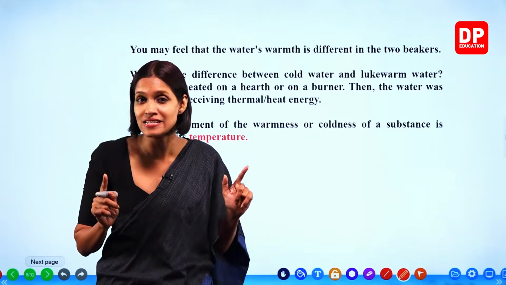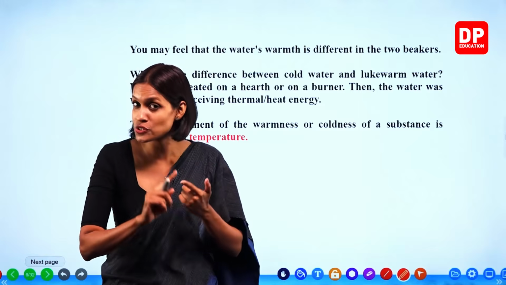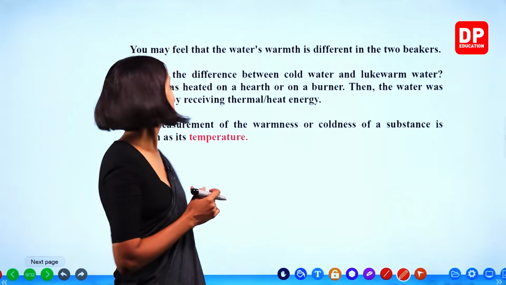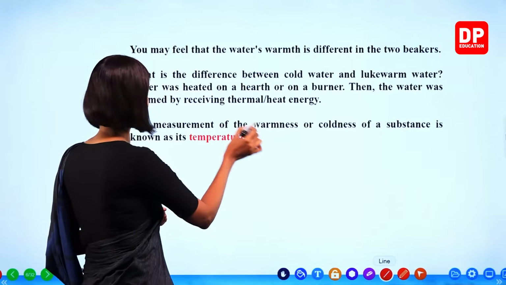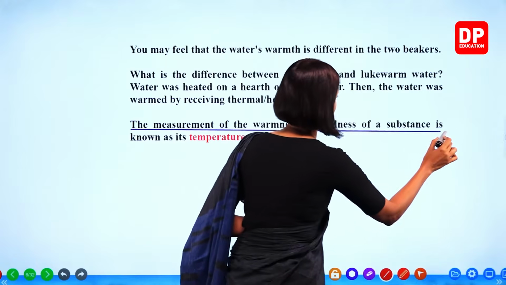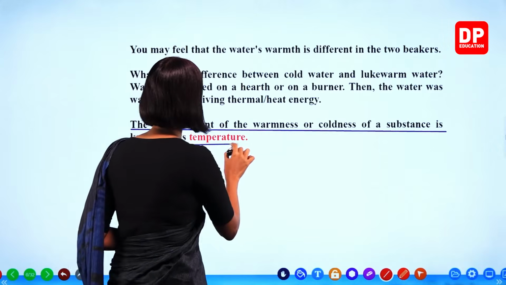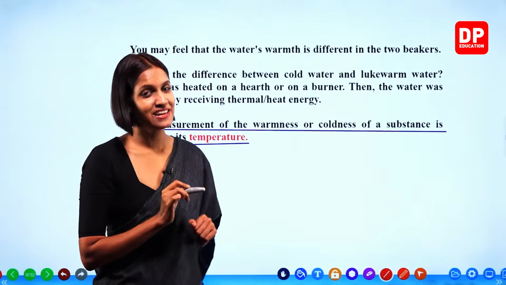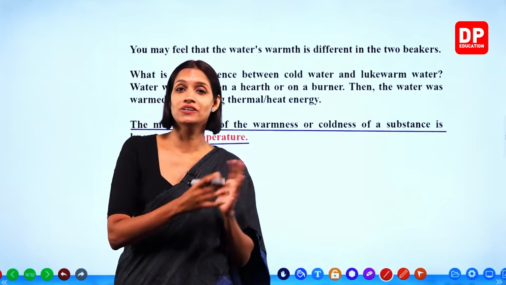They are very related, but at the same time they are different. The measurement of the warmness or coldness of a substance is known as its temperature. You can use temperature to measure the amount of heat. Right, children? And heat always travels from where it is higher to lower.